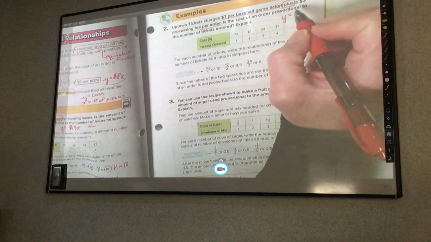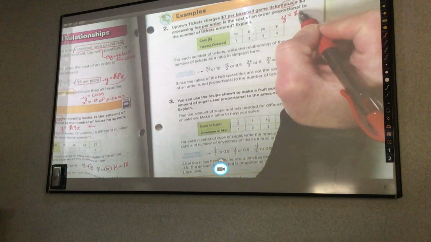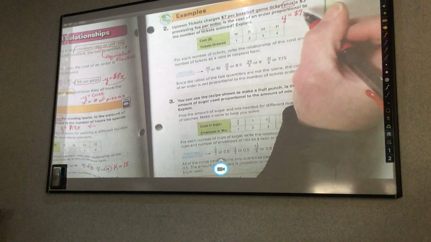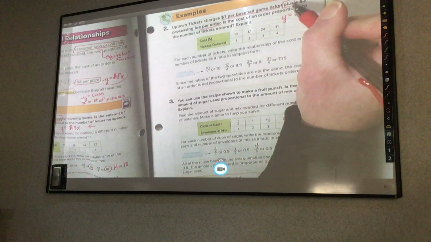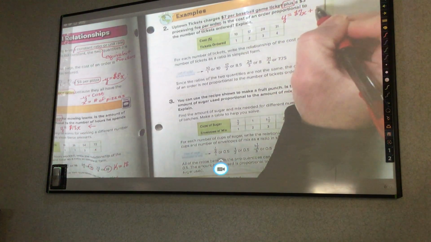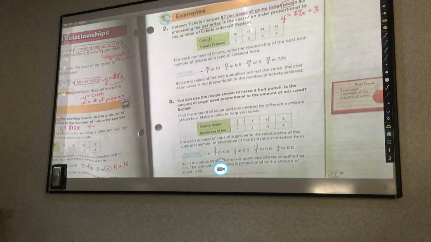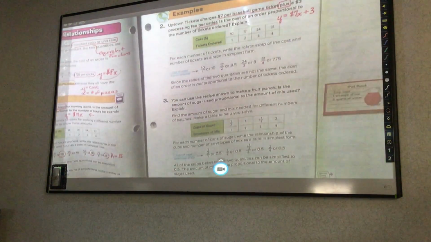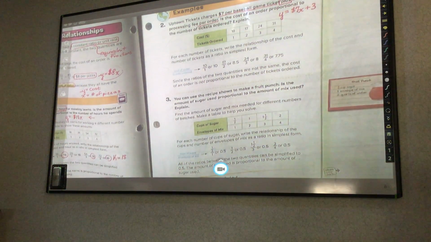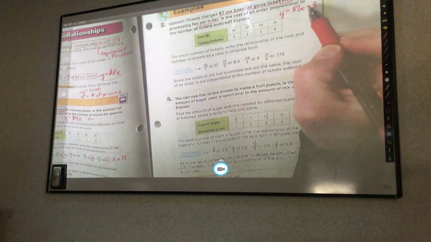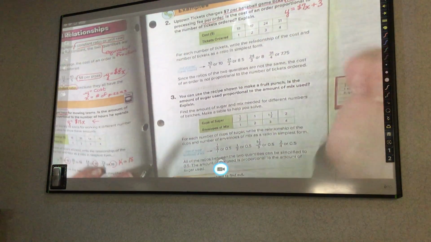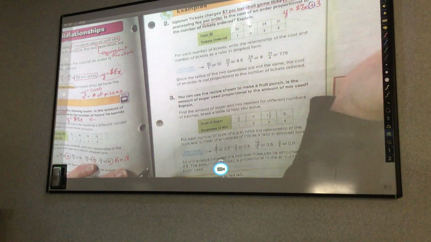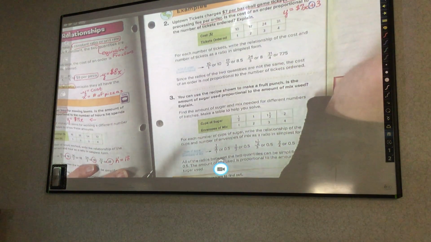So I would be doing $7 times x, and then it says plus $3. You all need to write this down. Because I have a plus, is this going to be proportional? No. Anytime you have adding, subtracting, it's not going to be proportional.